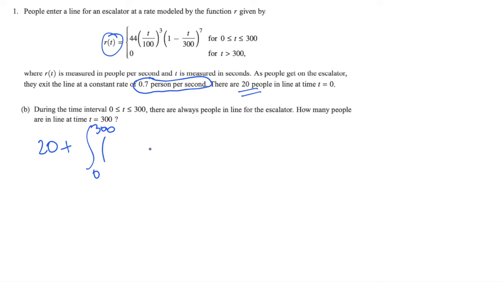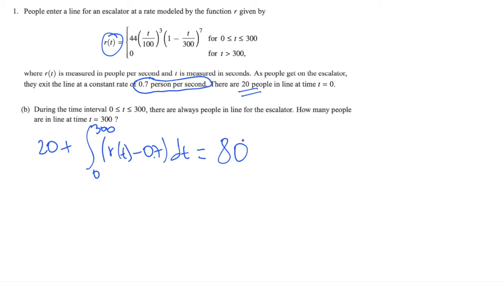So the function that we need to integrate is actually the difference between the people who are entering and the people who are exiting. We need to consider the people who are entering and minus, because they are leaving, 0.7 person per second. This is something that the calculator can do for us, and the calculator will tell you 80, and we need to interpret this number.